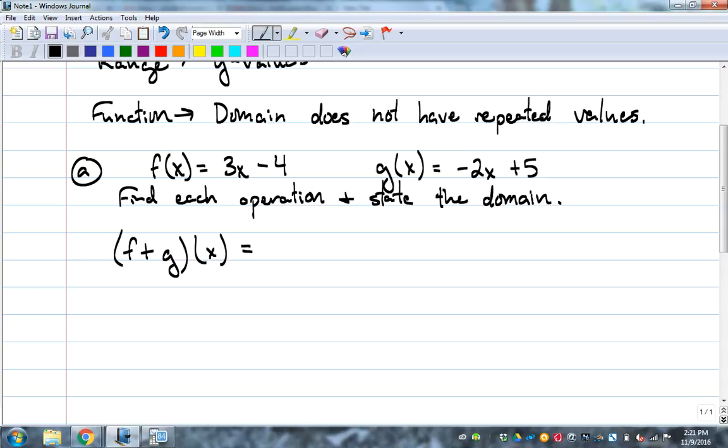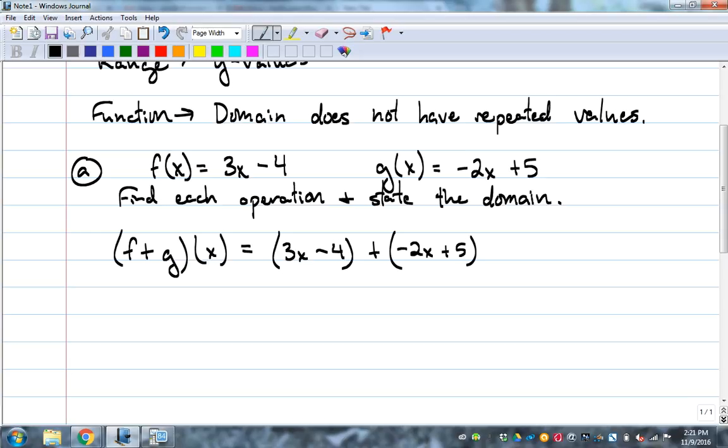So we're going to combine like terms. So if I'm adding 3x minus 4 plus negative 2x plus 5, and I'm just putting them in parentheses here to show that it's two separate functions. Those parentheses aren't going to do anything with this problem because there's nothing in front of them. I'm going to add the like terms together for that particular problem.